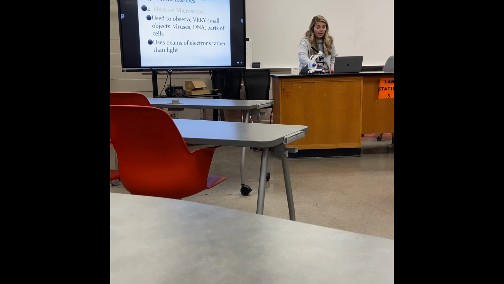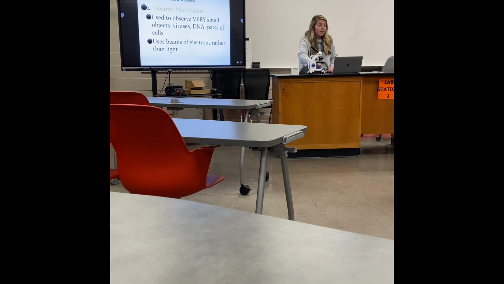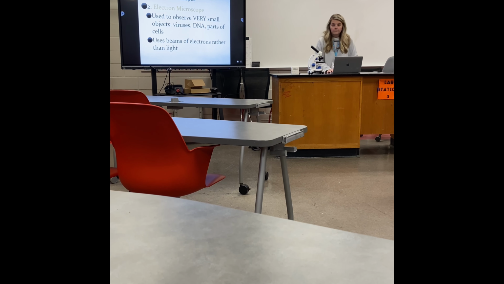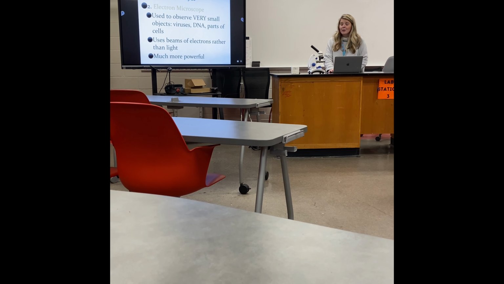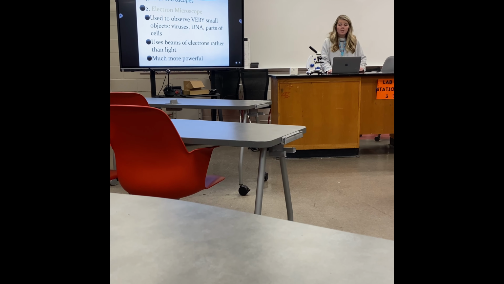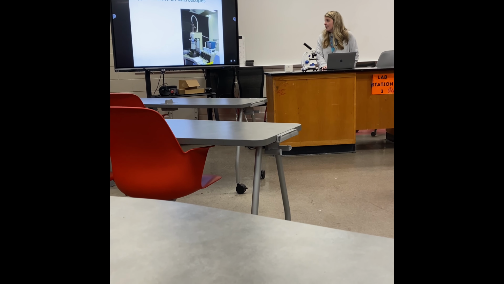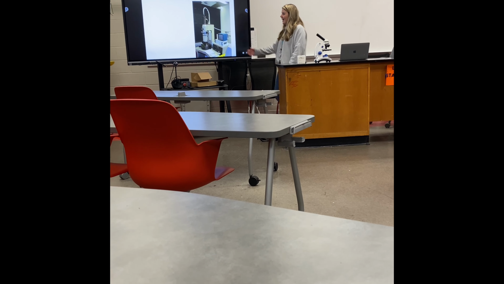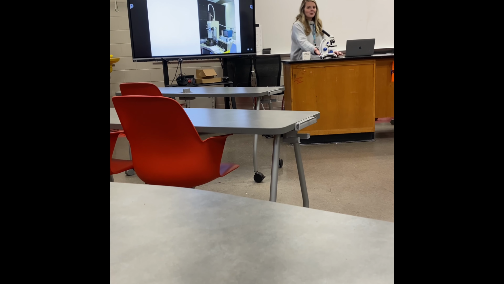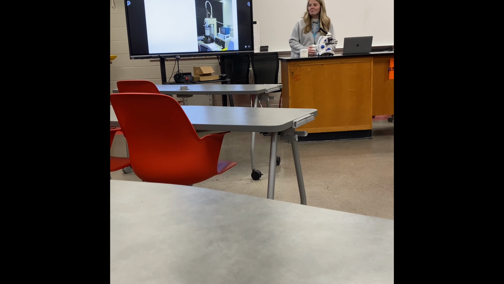So the light in a compound microscope is going to come from right here, okay? Much more powerful, much more detailed photo. A lot different than this, right? Yep, okay.